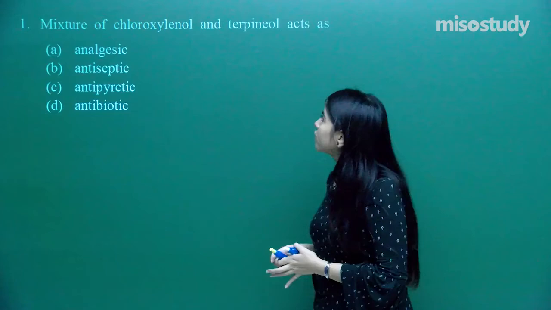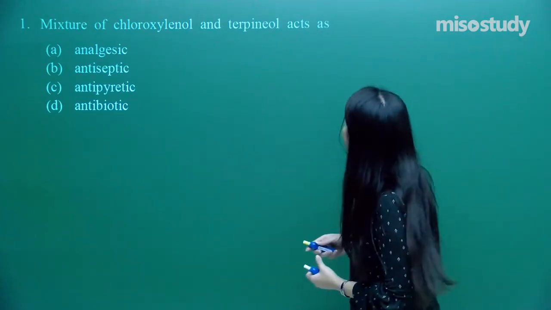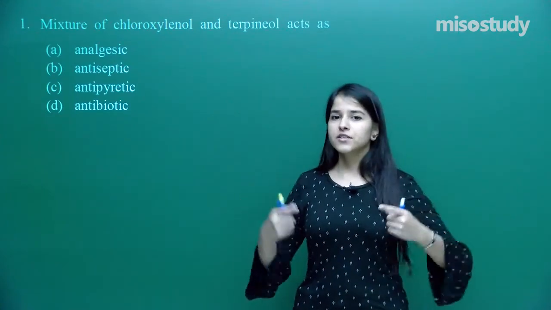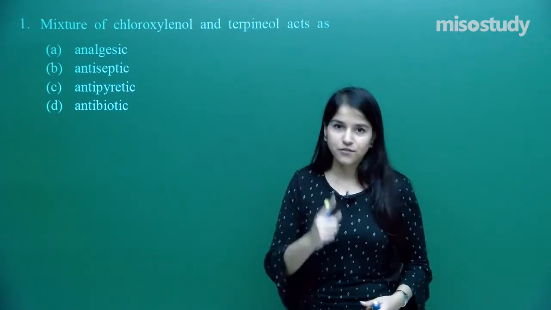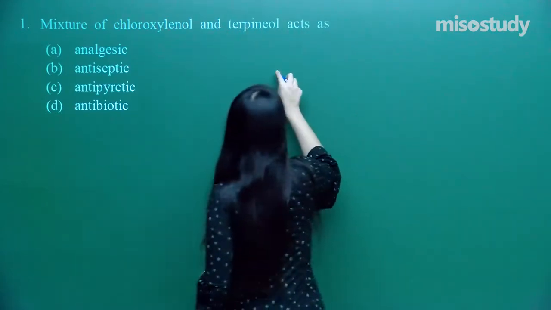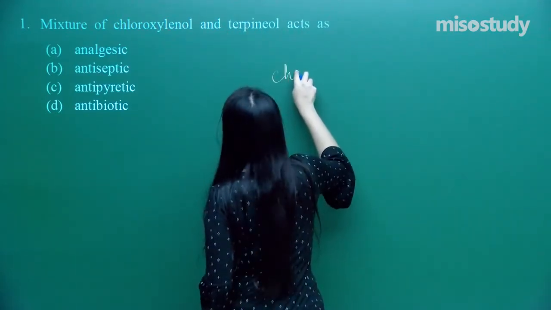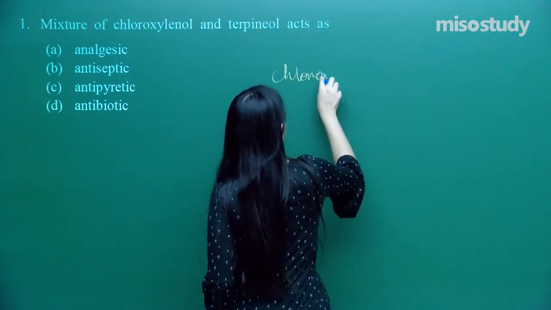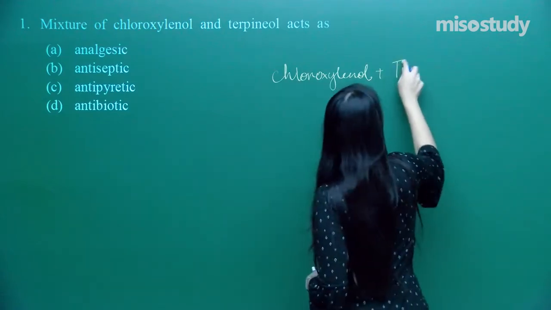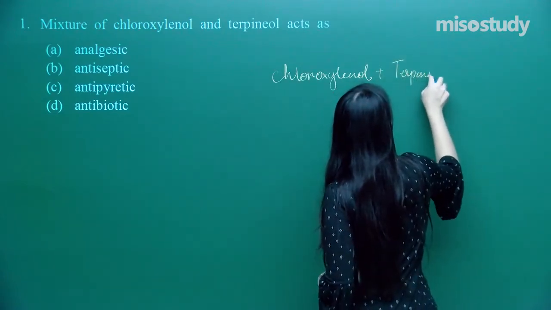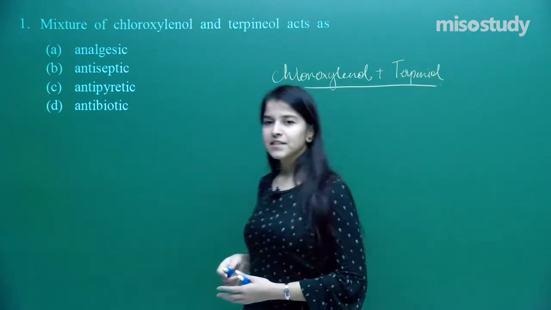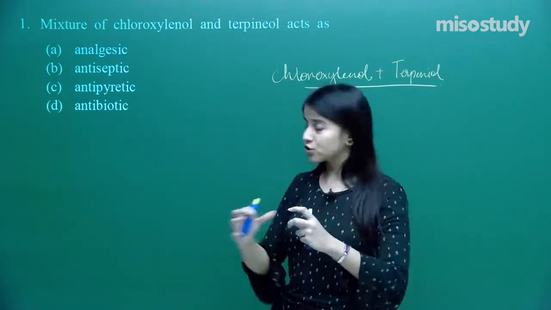The mixture of chloroxylenol and terpineol act as. So just try to recall the concepts. You need to recall the concept in each and every question. So what is the fact? The fact is the mixture of chloroxylenol plus terpineol. Let us draw the structures for these, and you need to have a proper mixture of the two.